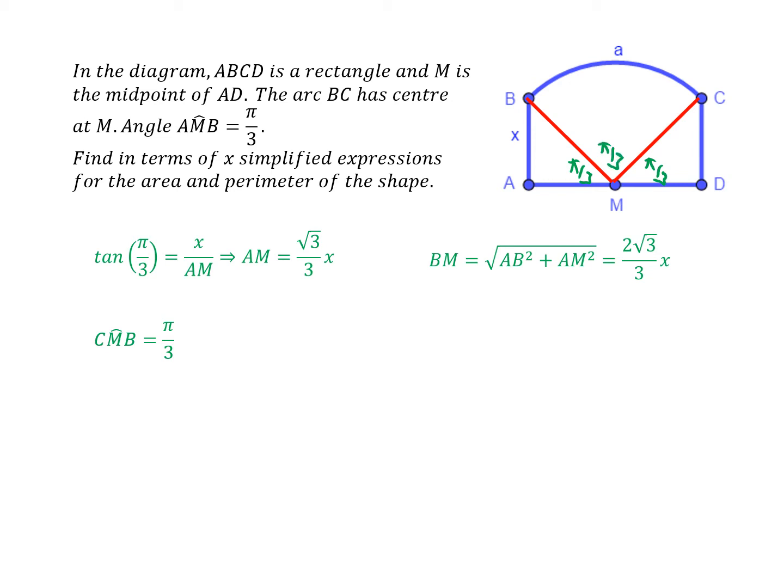And that is another way of confirming the length of BM, because this triangle here, BMC, is an equilateral triangle, and so the length of this side, BC, will be the same as the length of AD, which is 2 lots of AM. So that's another way of calculating BM.